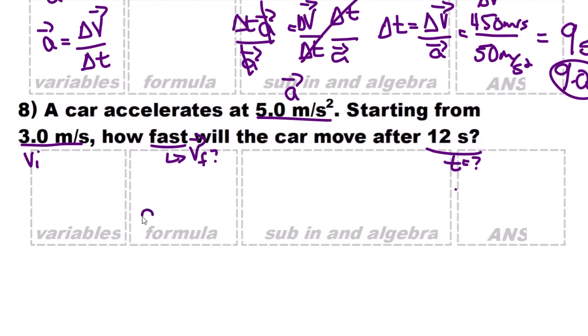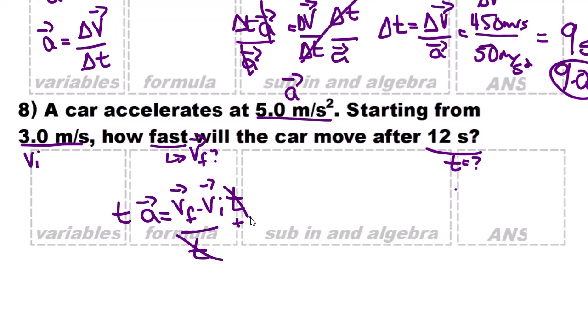Okay, so my formula that I'm going to use is a equals VF minus VI over t. I want to get the VF by itself, so I have to get t and VI out of there. Start with the t. To get the t to cancel, I can multiply by t, multiply by t. t's will cancel with themselves here. And then to get the VI to cancel, I can add it because it's being subtracted from the VF.